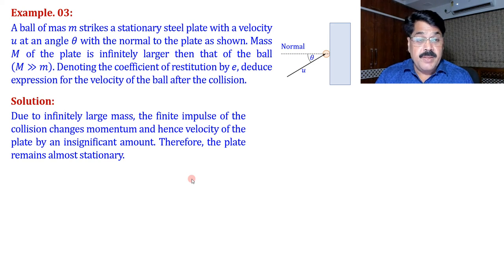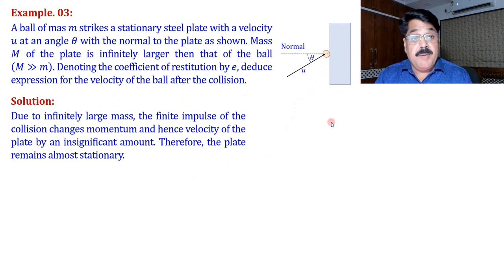And we know that the change in momentum of the ball is finite. So thus the impulse is finite. And this finite impulse can change the velocity of an infinitely heavy object by an insignificant amount, because the momentum gained by the plate will be finite, and that finite momentum gained by infinite mass will be almost zero.